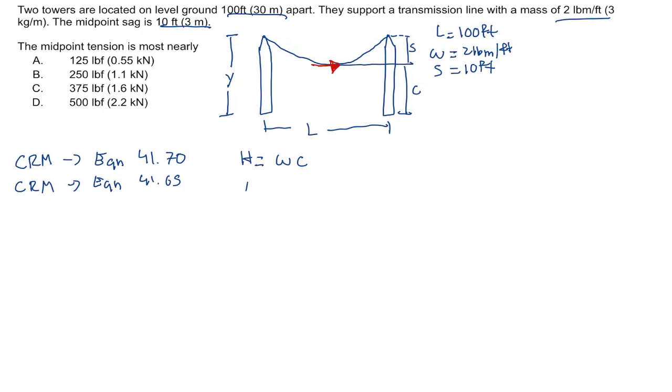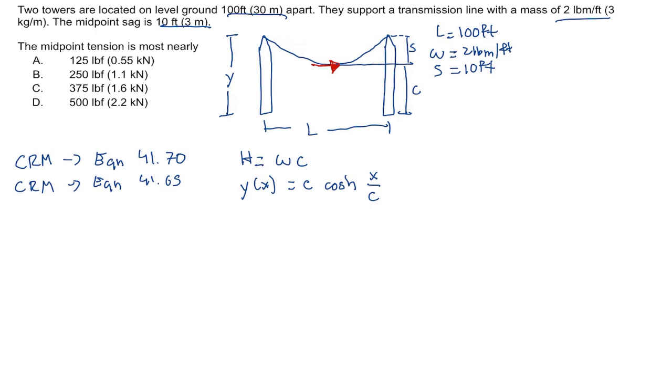This one shows that Y at distance of X is equal to C multiplied by the hyperbolic cosine of X over C. Great. So the only two parameters here that we don't know is Y and C. So we're gonna go about this by finding C.